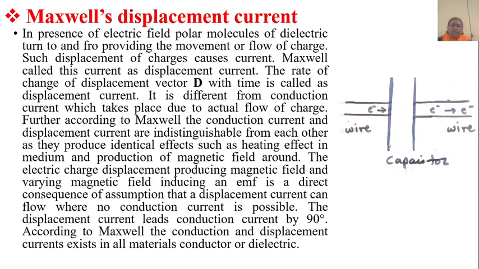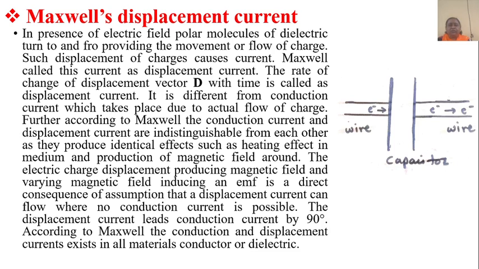The rate of change of displacement vector D with time is called displacement current. It is different from conduction current, which takes place due to actual flow of charge.